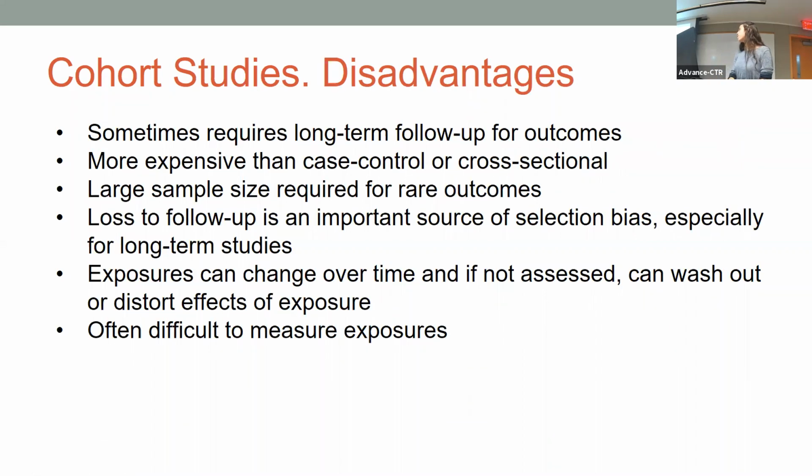We've discussed the disadvantages. They can take a really long time to conduct. They are more expensive than the case control studies, which we'll discuss, and the cross-sectional ones, which we just discussed in the previous seminar. A lot of the time, loss to follow-up is a huge issue with these, so it's just important to keep these in mind.